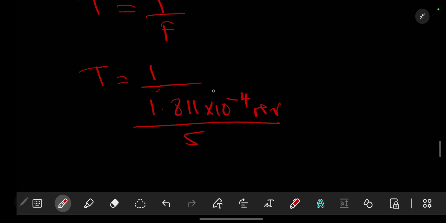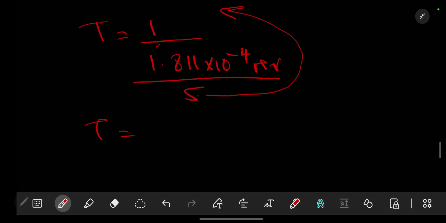Now the way division works, as long as you have something dividing another thing, the denominator goes up. So the period should be equal to, if you press 1 divided by, open the brackets, 1.811 times 10 to the power negative 4, we are going to get 521.8 seconds. The second goes up like that. So this is the period.